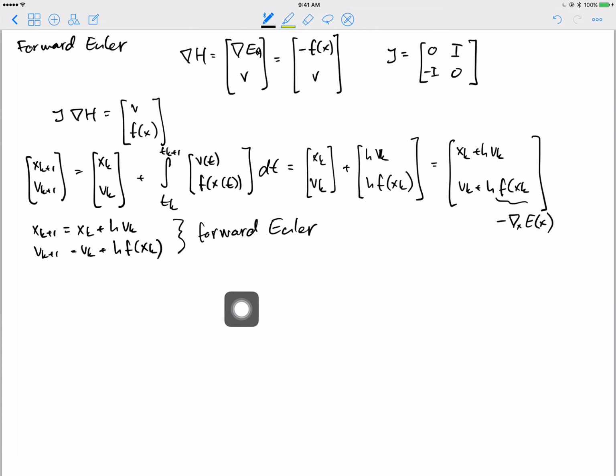Now, it will actually be fine if the time step h is small enough, okay? All problems of numerical integration can be cured by lowering the time step. The problem is that you don't know how small the time step needs to be, and that depends on what exactly is in this f function or what exactly is in this potential function.